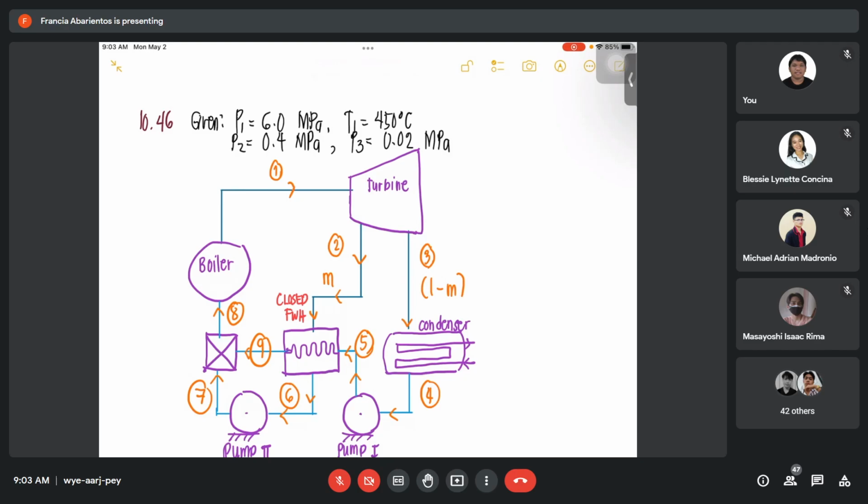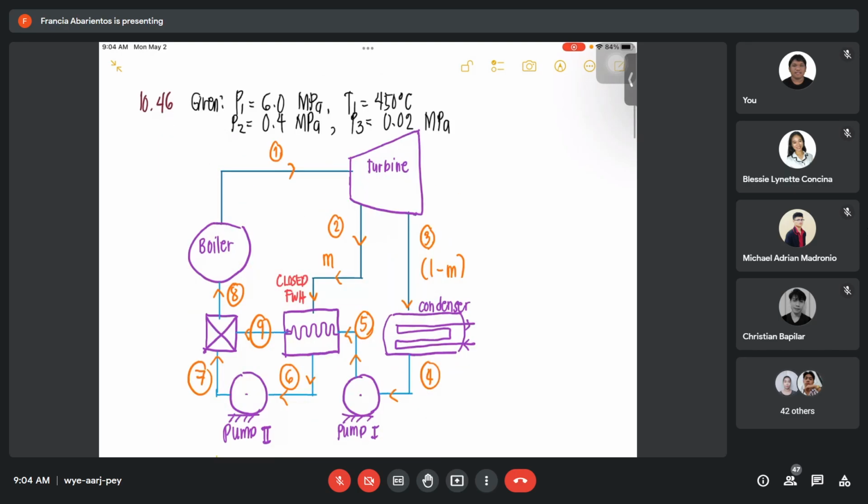So, the steam is extracted from the turbine at 0.04 MPa. Hinahanap dito yung network output per kilogram mass of steam flowing through the boiler and the thermal efficiency of the cycle. Ayan. So, we have, ano yung parts na meron dito sa feed water natin?